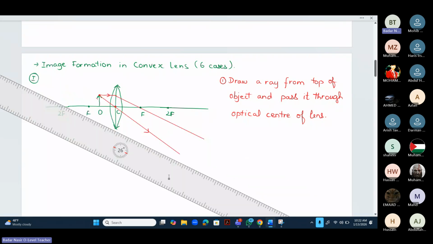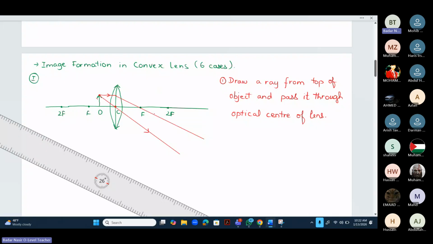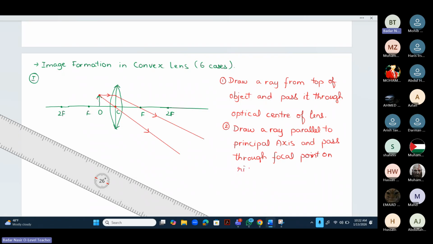So the second ray is: draw a ray parallel to the principal axis and pass it through the focal point on the right.